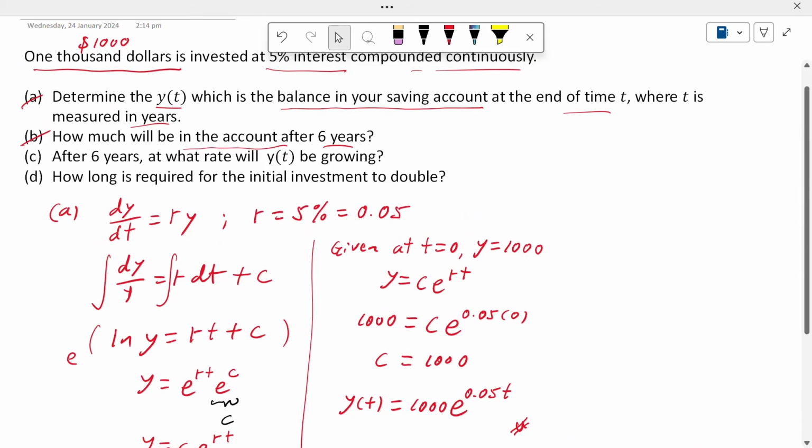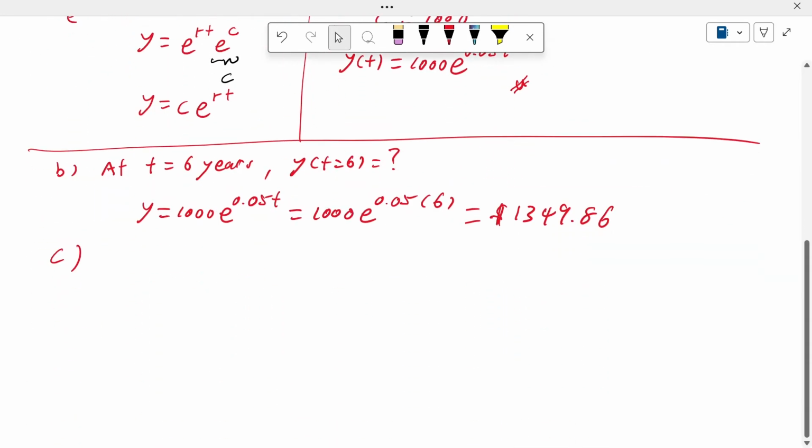Now we see question C. After 6 years, at what rate will y(t) be growing? We want to find the rate at which y of t is growing. There are two methods to solve this. Let me introduce the first method.